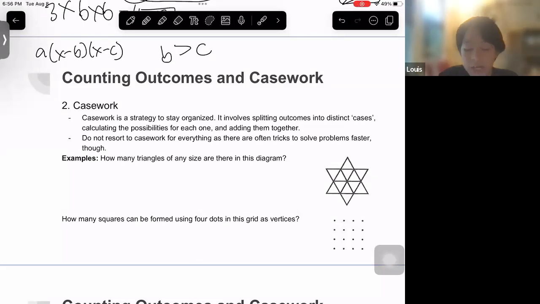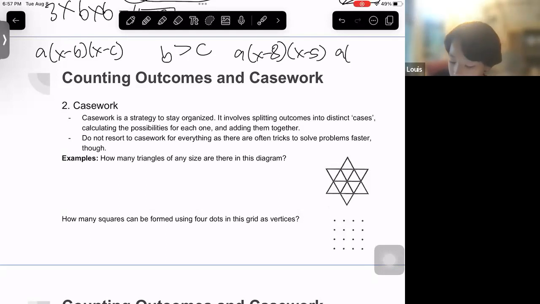So the correct answer should be A times x minus 8 times x minus 5. But a lot of you answered A times x minus 5 times x minus 8, which is incorrect. So just remember to read the problem carefully next time. Okay?